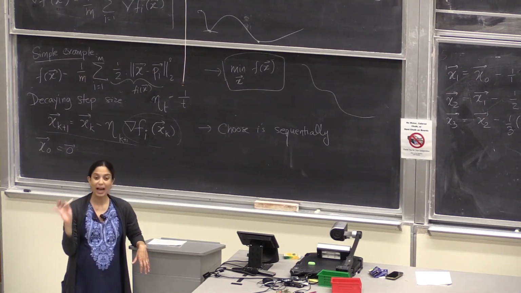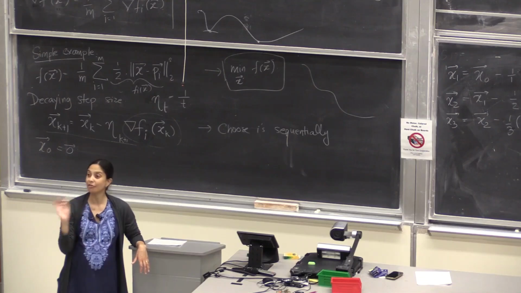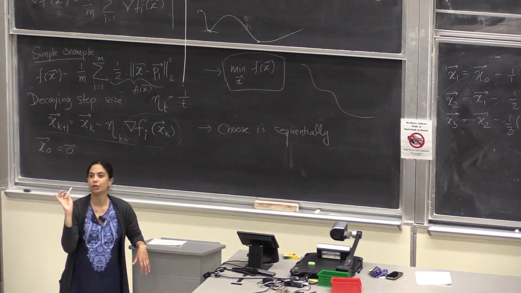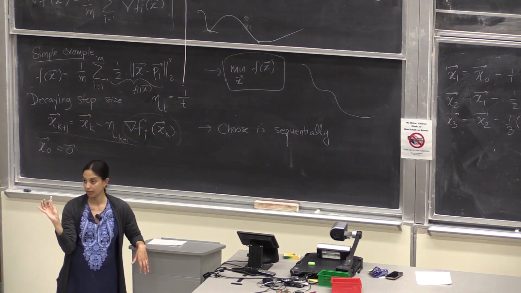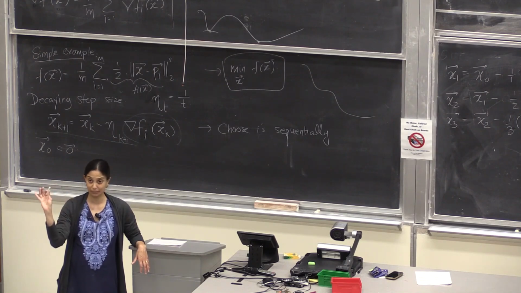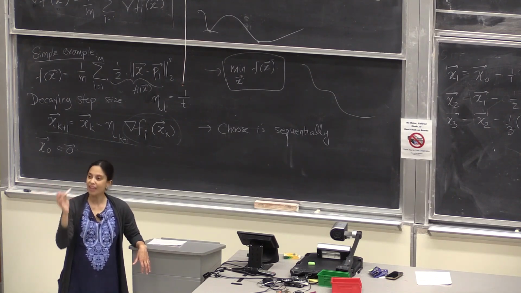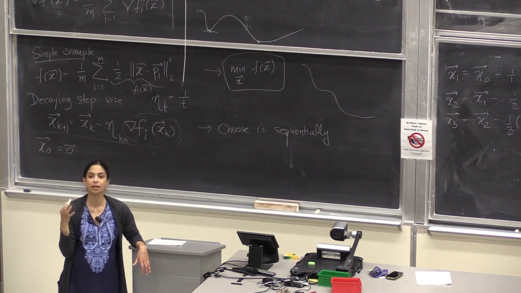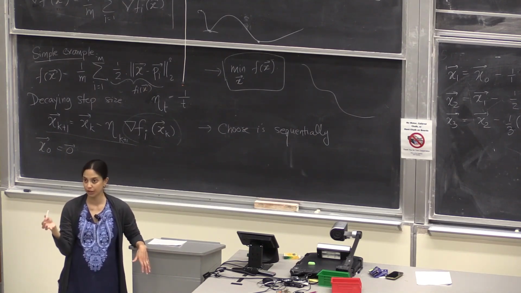If I take a running average of the last k points that I've been at, xk plus 1 plus xk plus 2 plus up to xk plus 10, that is converging to my minimum. That is the kind of result you can prove for large enough k.